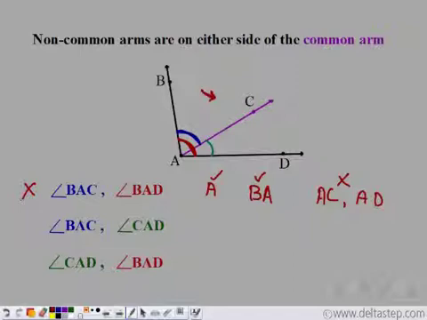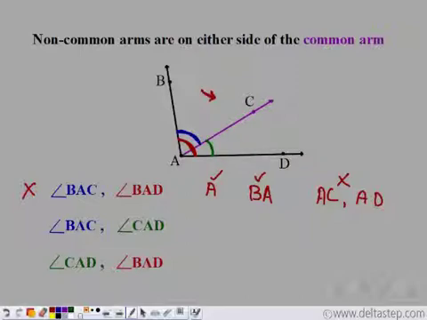Let us check for these two. Angle BAC is this angle. Angle CAD is this angle. Let us check.